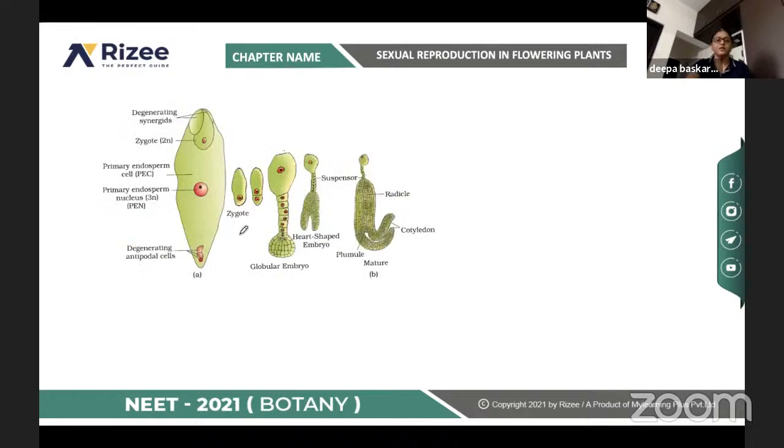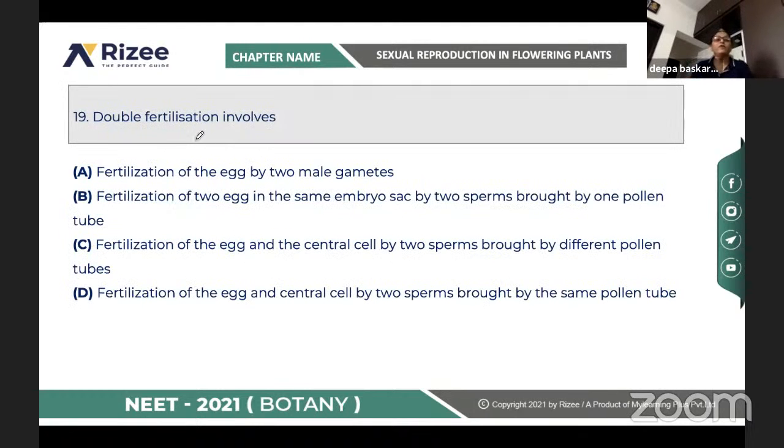Yes. So double fertilization involves fertilization of the egg by two male gametes. No, one egg will fuse with only one male gamete. Clear? Not with two male gametes. Fertilization of two eggs in the same embryo sac? Never, the same embryo sac will have only one egg.